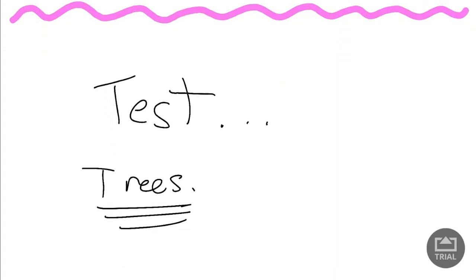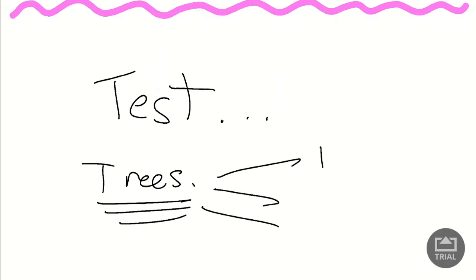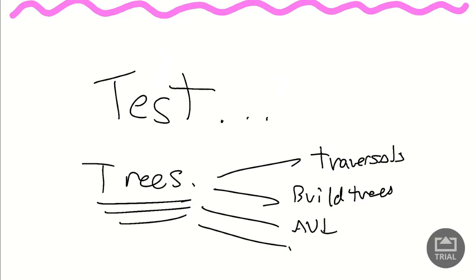So you're going to have all of the tree algorithms that you did: traversals, building the trees from the traversals, AVL trees, and heaps. These are not optional. You are going to have that in the test.